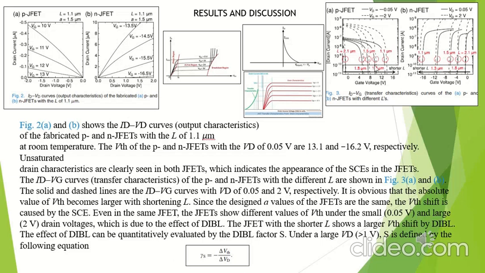So due to the DIBL effect, when the drain voltage is varied, the threshold voltage varies for the same JFET. Now this DIBL can be measured using a factor called the DIBL factor, gamma S, which is given by the change in the threshold voltage when the drain voltage is varied.